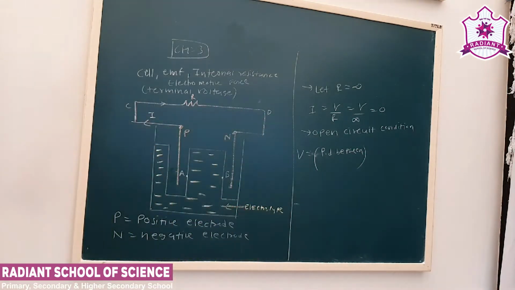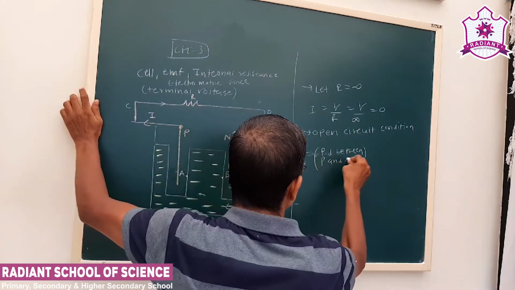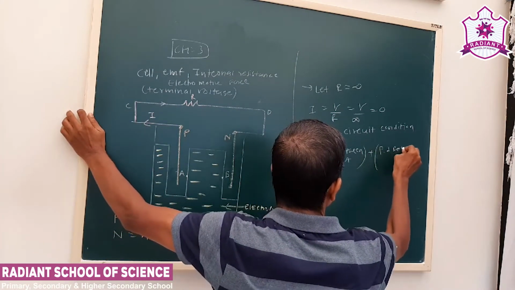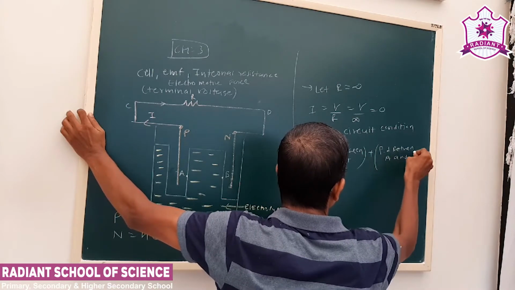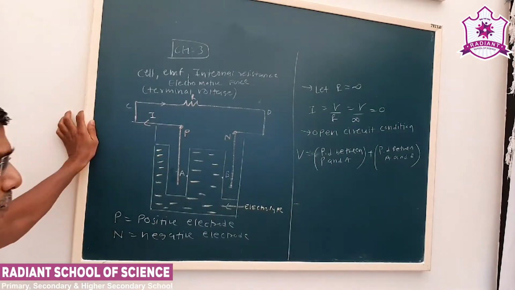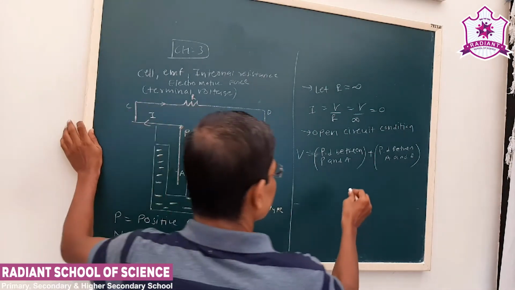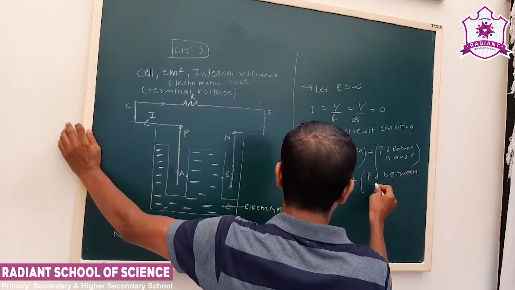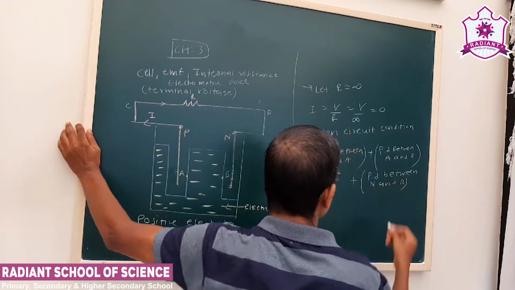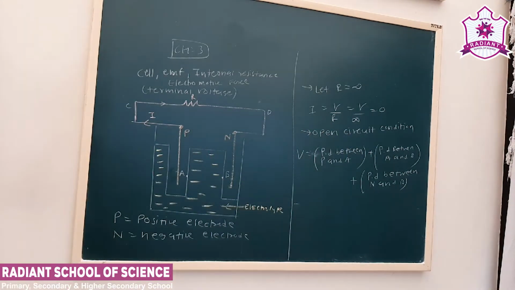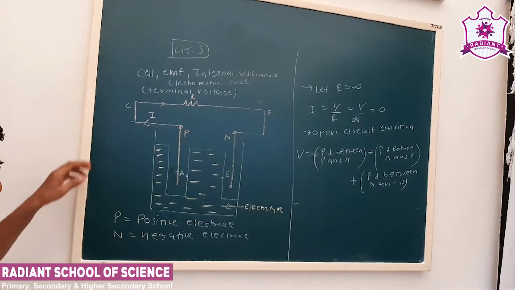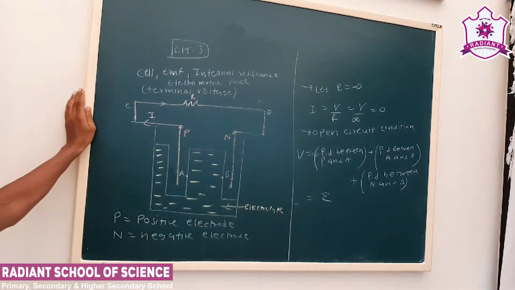Next we have to see about the terminal voltage, that is the PD between P and A. Then the PD between A and B, where A and B are the points relating to the electrolyte, and then the PD between N and B. So the total voltage is made up of three parts: the PD between P and A, then A and B, and N and B. That we call the EMF E.